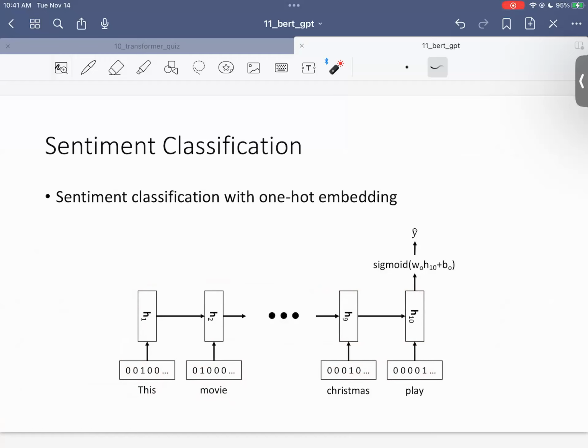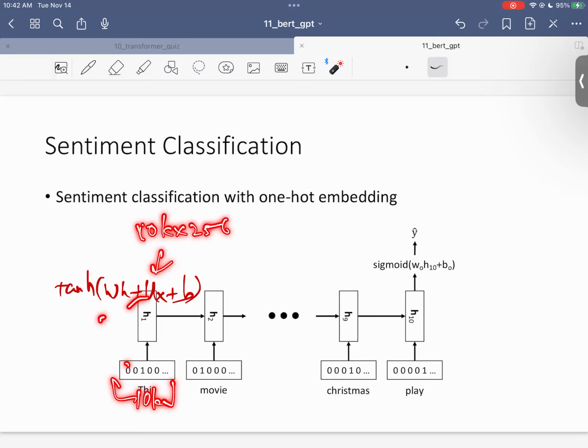Inside here there will be tanh(Wh + Ux + b), and this would act as a lookup table, because you are multiplying x by U. If this was a 10,000-dimensional vector, then this U would be 10,000 by maybe 256. So this U would act as a lookup table. That's what happens when you use one-hot embedding as an input.